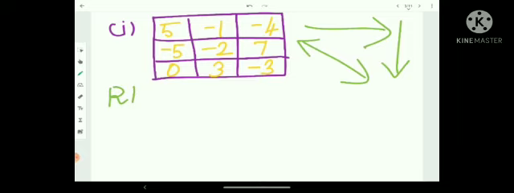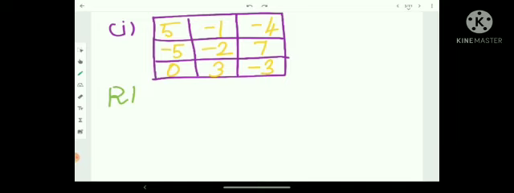So I'll mark these: R1, R2, R3, then columns C1, C2, C3, and only 2 diagonals, D1 and D2.